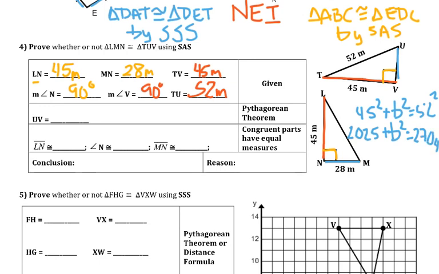Then we're going to subtract the 2,025, and we get that b squared equals 679.